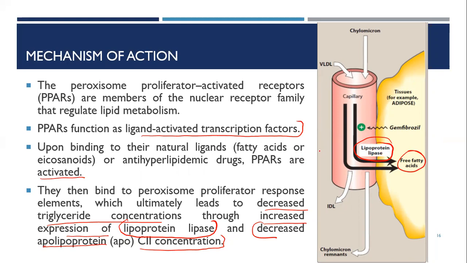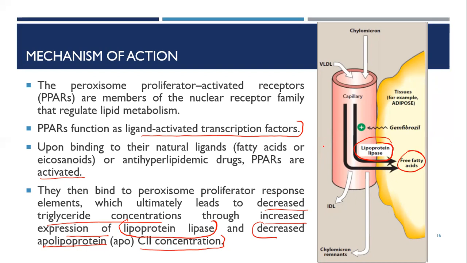Okay, so what is this apolipoprotein C2? It is basically like starting material or the raw material which is to be used for the production of the lipoproteins. We have the VLDL, we have the LDL.